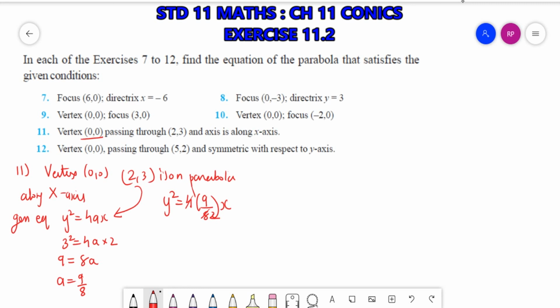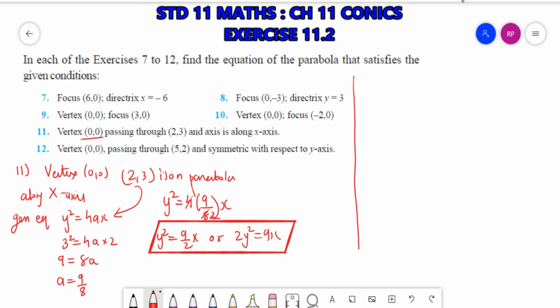Ones are 2s are. So y square equal to 9 by 2 x, or 2y square equal to 9x. This is the equation of the parabola whose vertex is (0, 0) and (2, 3) is a point on the parabola.